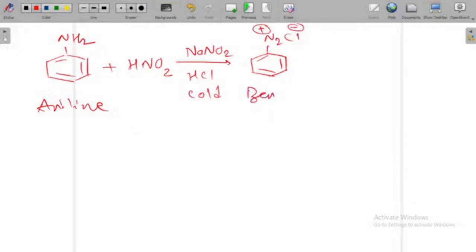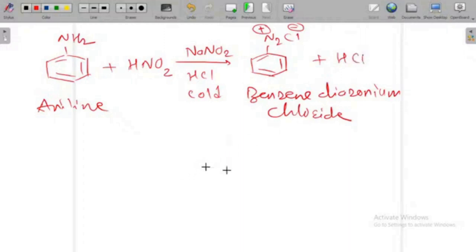This is benzene diazonium chloride. In this reaction we will get the byproduct HCl.